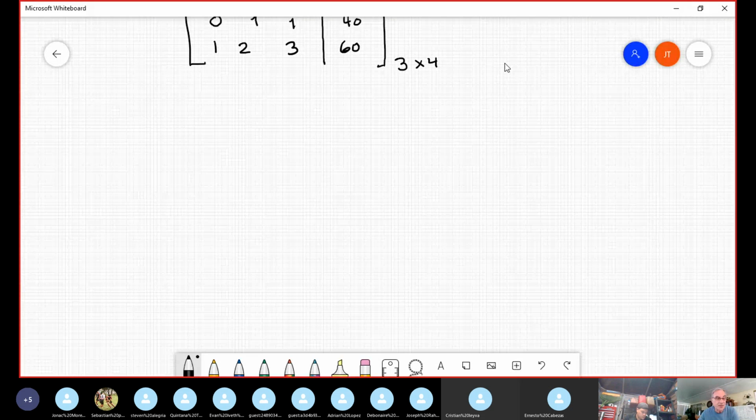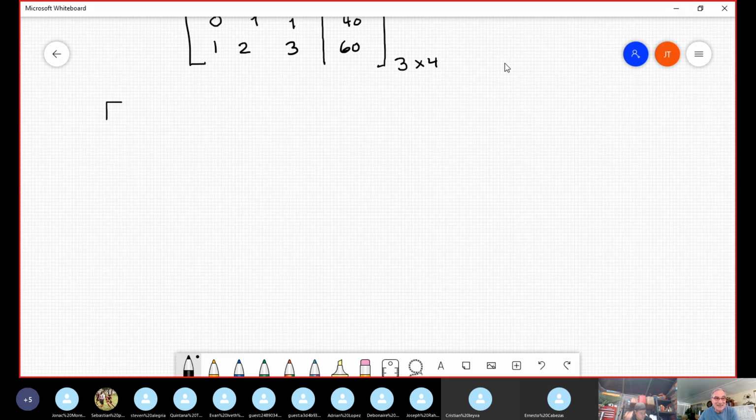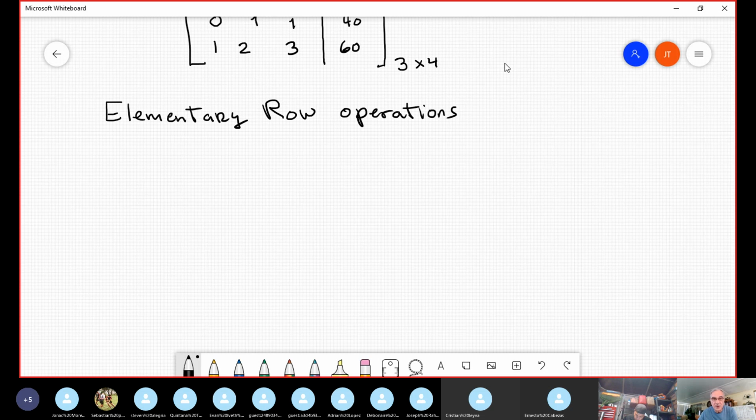In order to manipulate the matrix, we do something called elementary row operations.